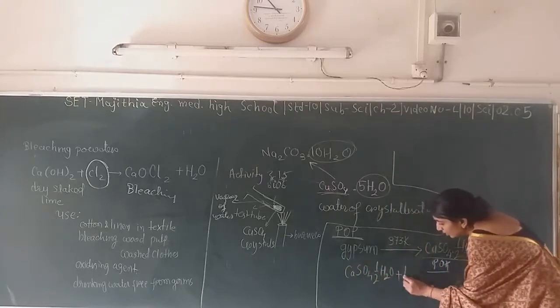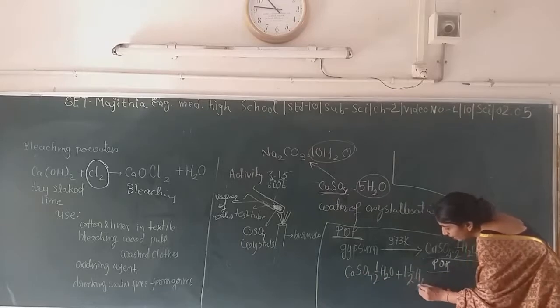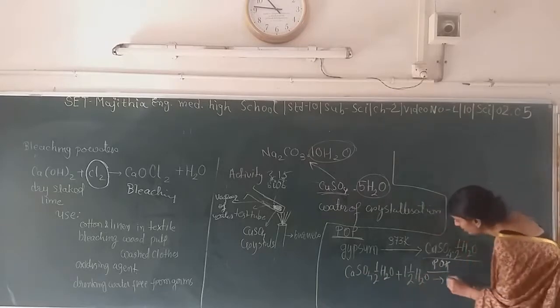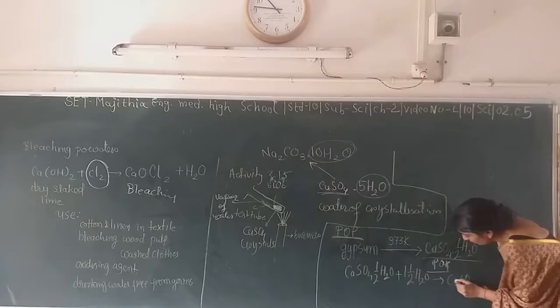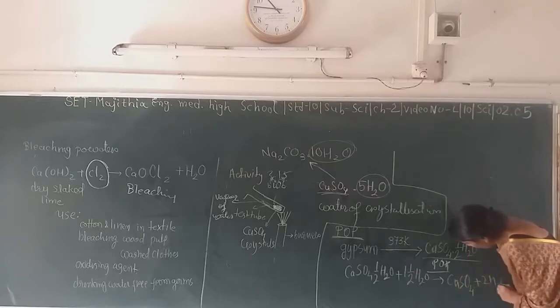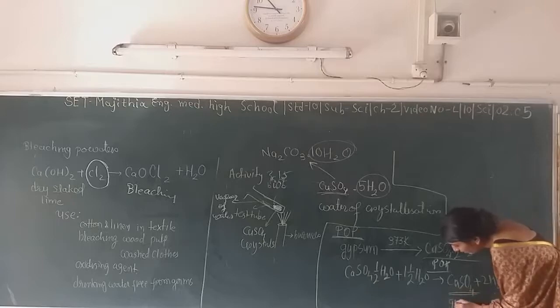If I add a certain amount of water to it, it again gets converted into CaSO4·2H2O, which is called gypsum.